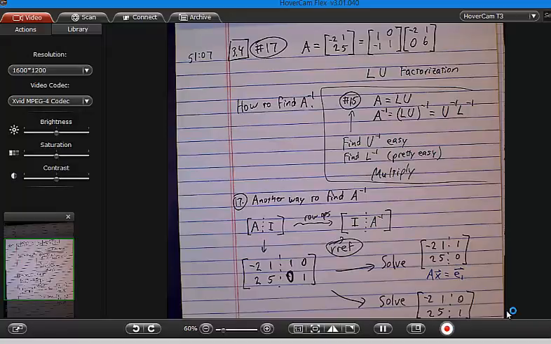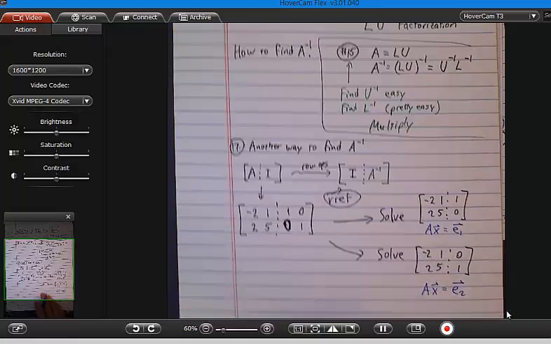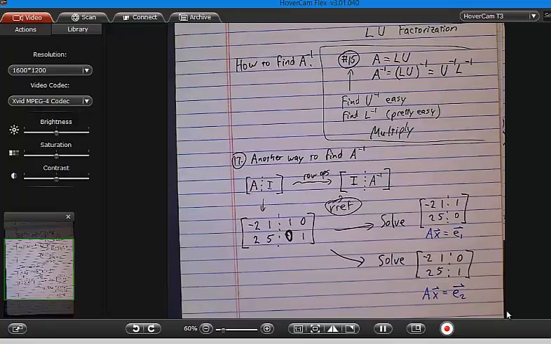Okay. So I should explain what those are. Sometimes they're called the identity vectors or the standard basis elements. I'd like to find what they call them in your book. Let me pause for a second and find that.